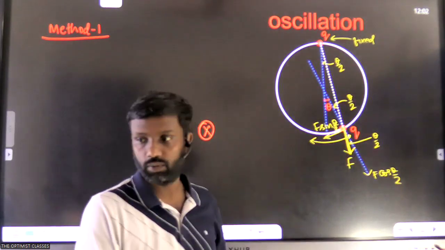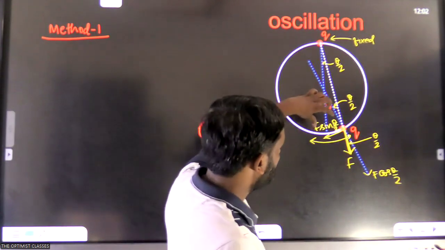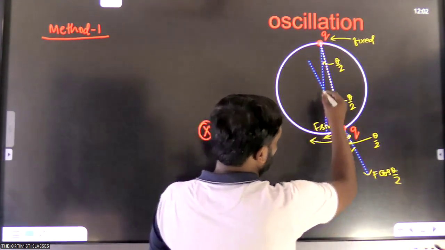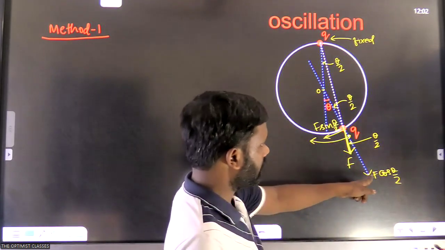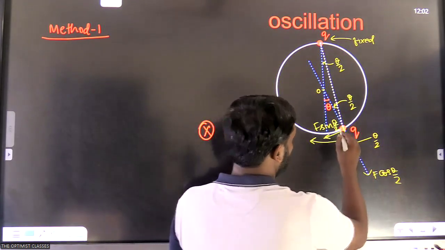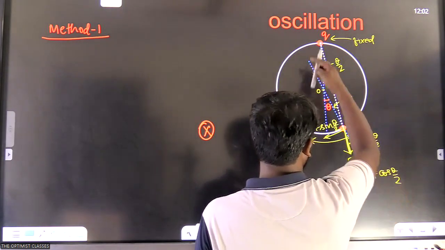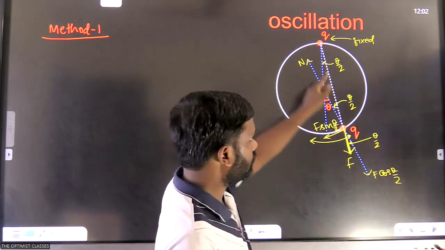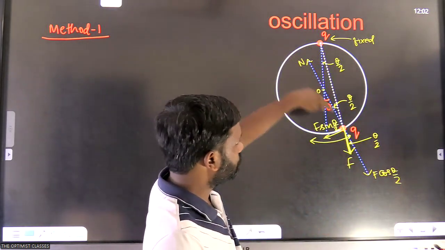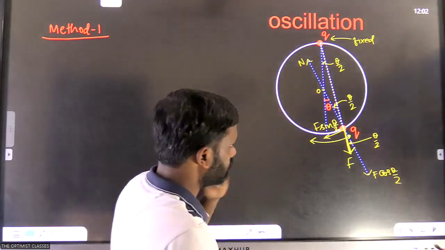Now if we calculate torque about the center, let us call it O, then this force will not produce any torque. There will also be a normal reaction force from the ring, and this force also passes through the center, so it will not produce any torque about the center. Only this force is going to produce a torque.